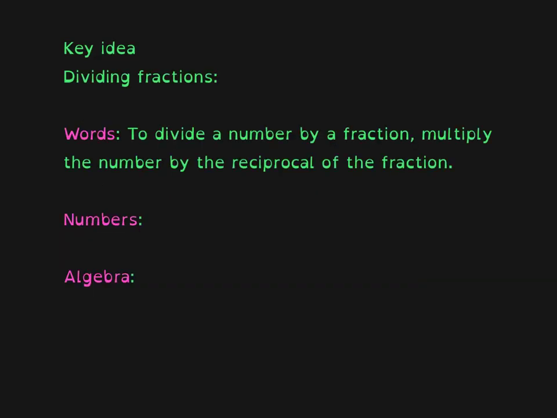So the key idea of dividing fractions is basically to divide a number by a fraction, multiply the number by the reciprocal of the fraction. So what this would look like in numbers is something like this. If I had 1/5 divided by 3/4, I keep my first fraction, that's why I'm leaving it in green, and then I'm going to change my division sign to a multiplication sign, and then I'm going to flip my fraction of 3/4 and do the reciprocal of 4/3.